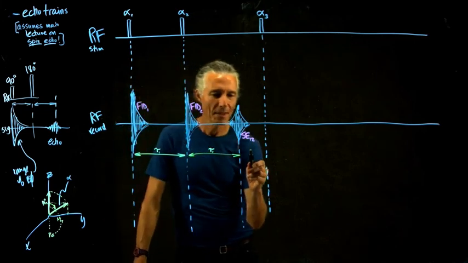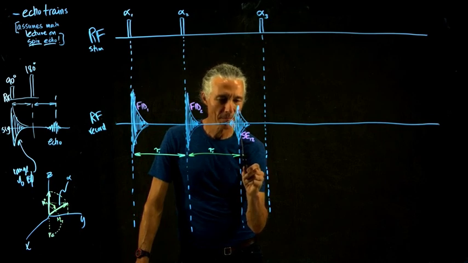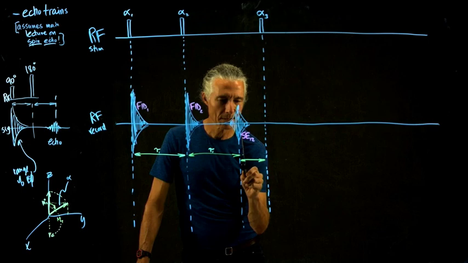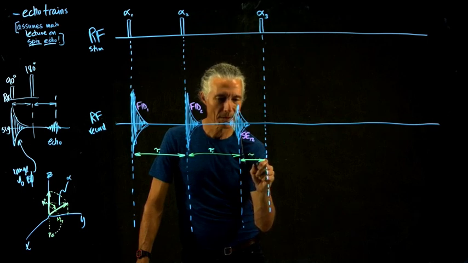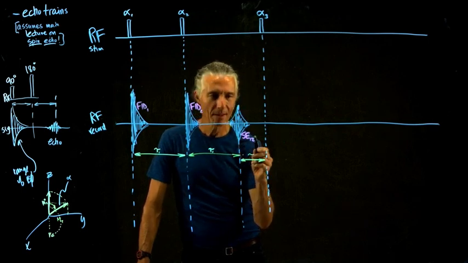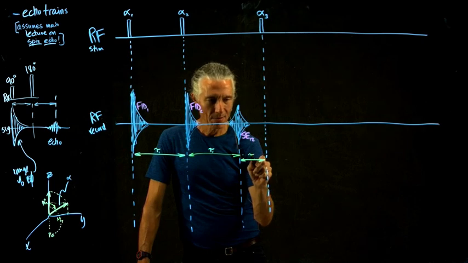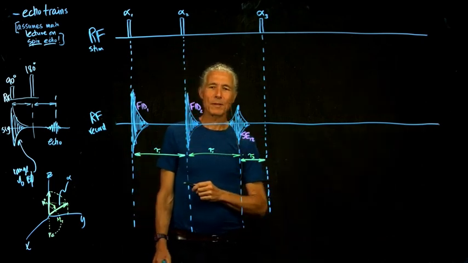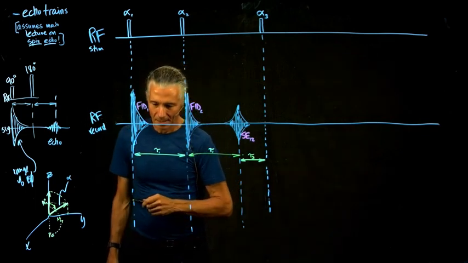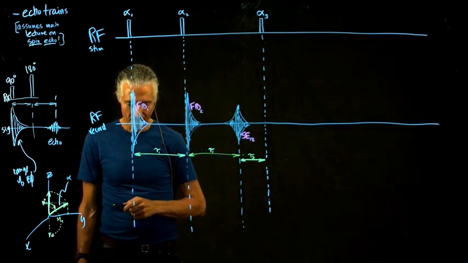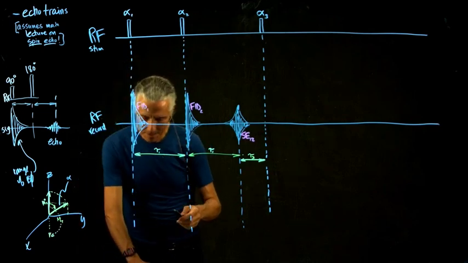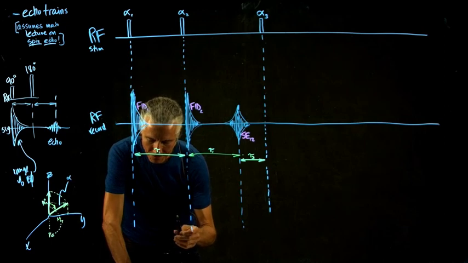So here's another time. Put it down here. This is time tau 3. But that time we haven't actually defined.